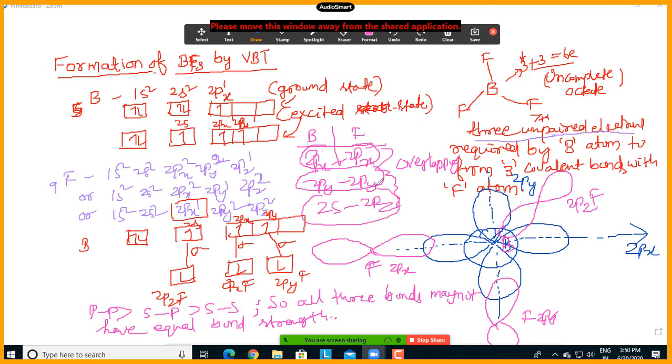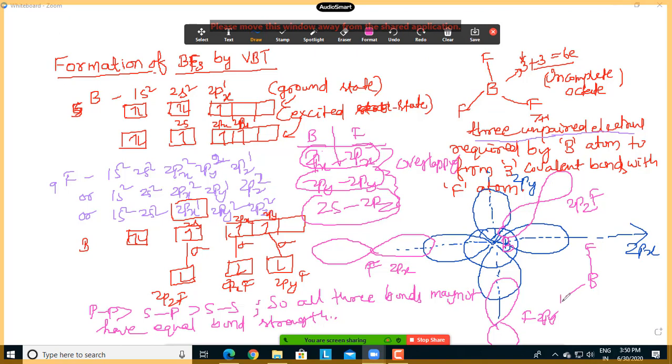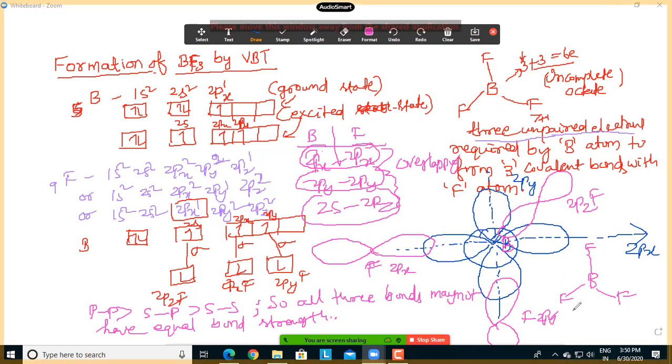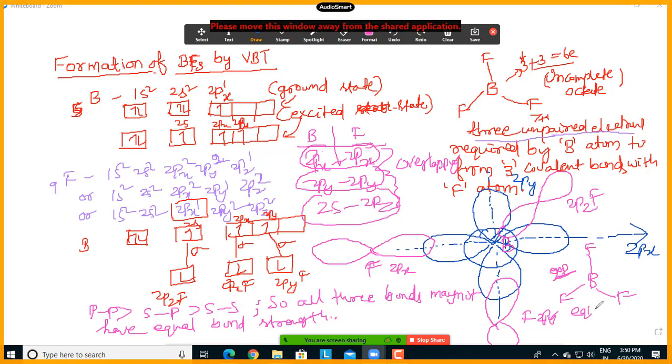But what is the experiment? Experiment suggests that boron trifluoride is like this. The experiment suggests that all 3 bonds have equal bond strength, and also equal bond length.